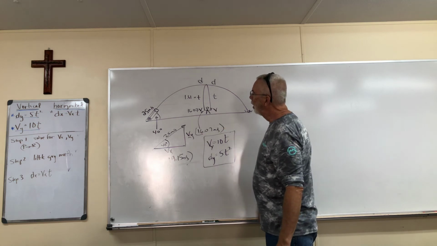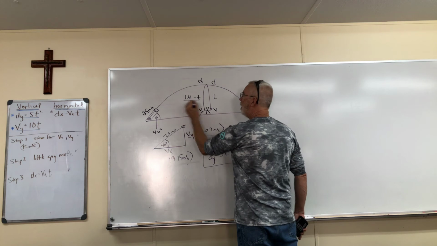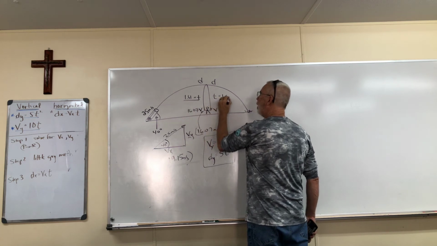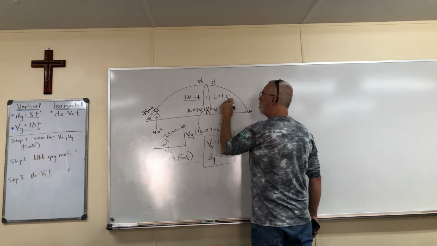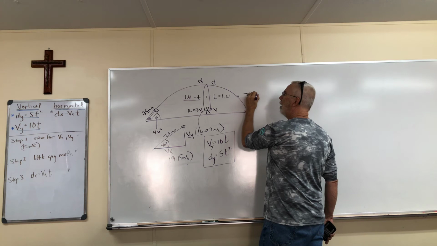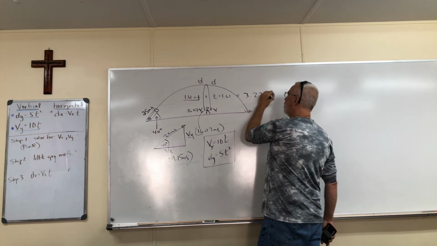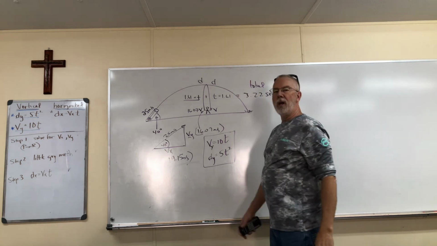Because it's on level ground, the time up and the time down should be equal. So 1.61 plus 1.61 gives us 3.22 seconds, and that's the total time in the air.